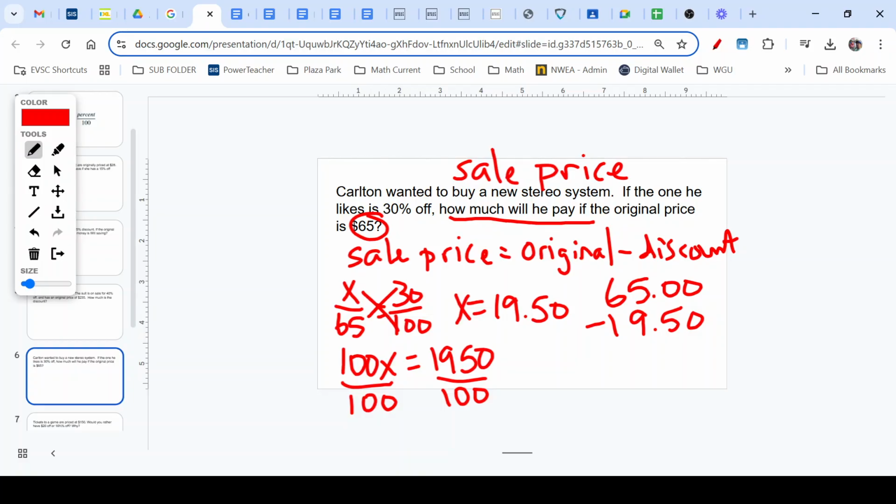So Carlton will pay $45.50 for his new stereo. And this one was different as it asked for essentially the sale price without saying that, which means we find the discount and then subtract it from the original price.